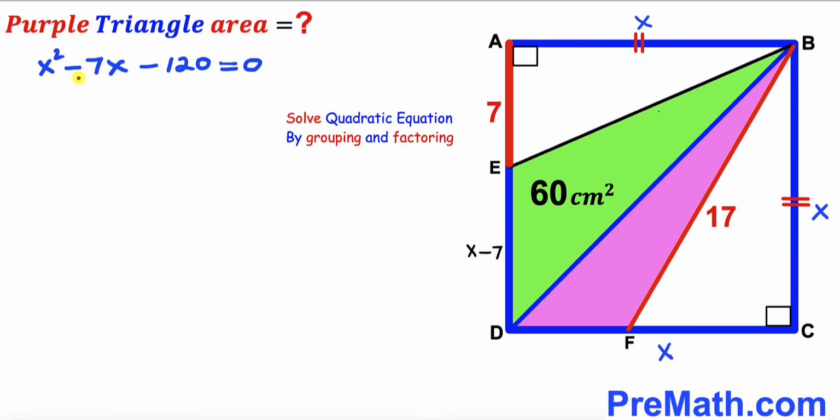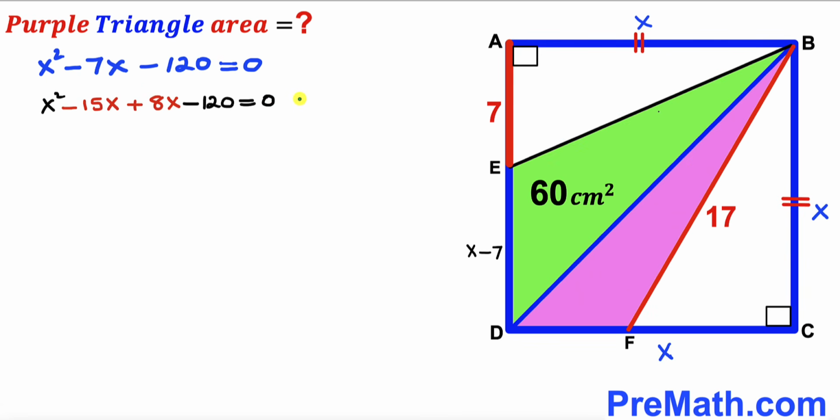So I'm going to tweak the middle term. Negative 7x could be written as negative 15x plus 8x. As you can see in this next step, I have replaced negative 7x with negative 15x plus 8x. Now x is in common for the first two terms and 8 is common for the last two terms.